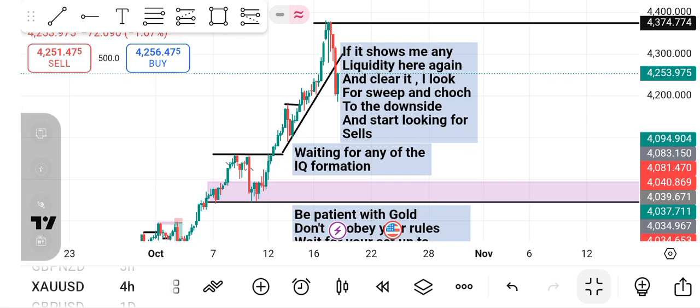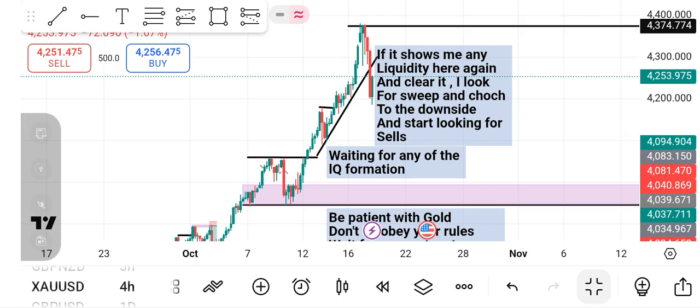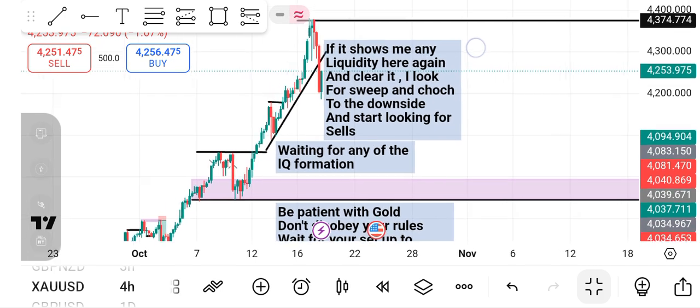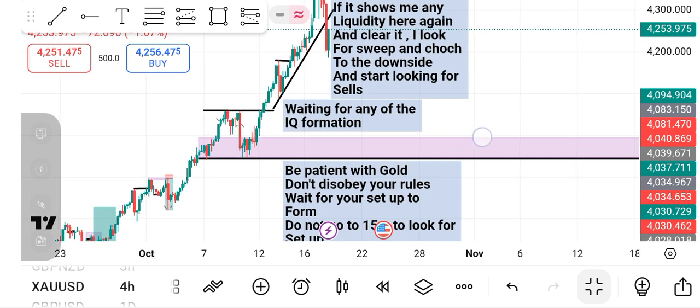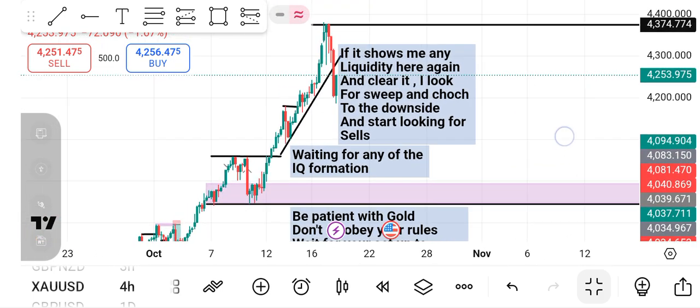Now, what am I waiting for? Gold is at the premium zone, right? And when price is at premium, we sell at premium and buy at discount, right? And up here is premium and down here is discount, right?